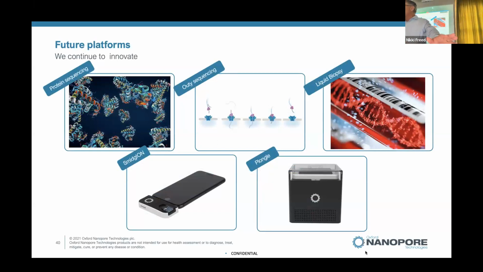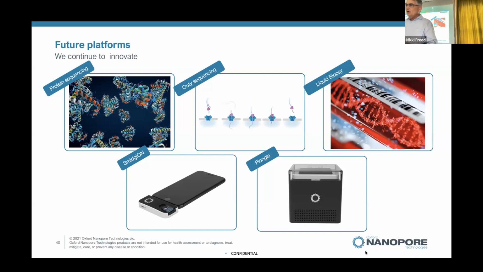Protein sequencing is advancing nicely in the lab. Sure, it's going to be years away before we have it, but it's still coming. ONT sequencing, where we control the strand and the pore and we shuttle it up and down, and you develop a consensus sequence as you read it each time. That's going to be really useful for needle and haystack applications in disease.